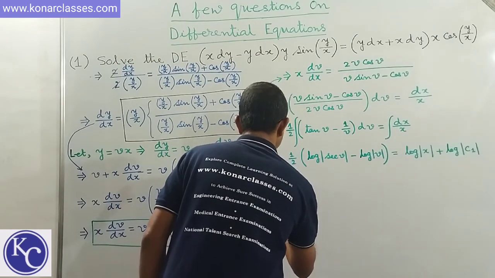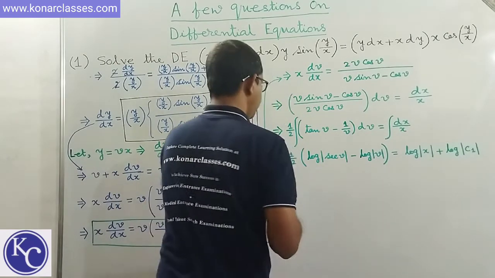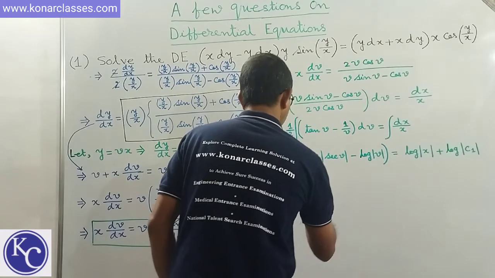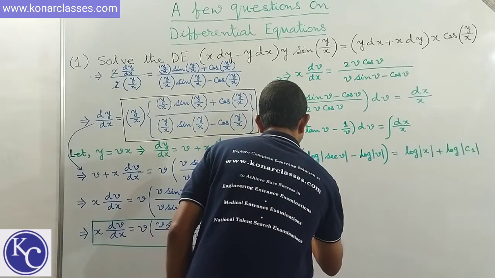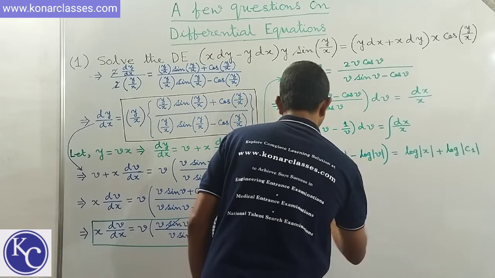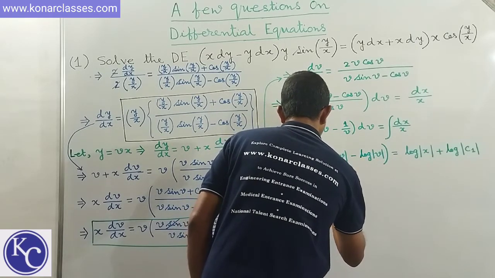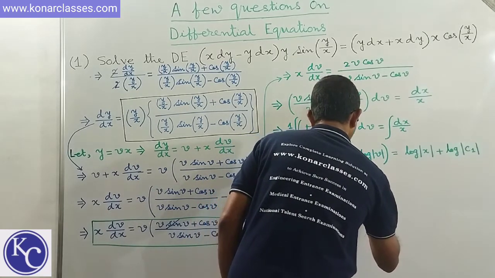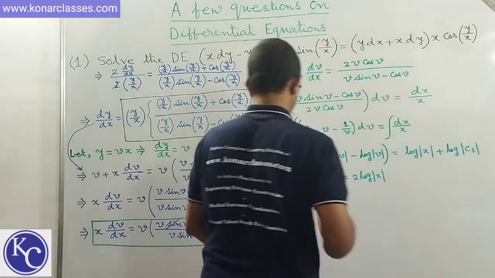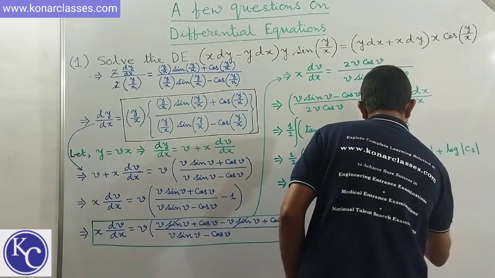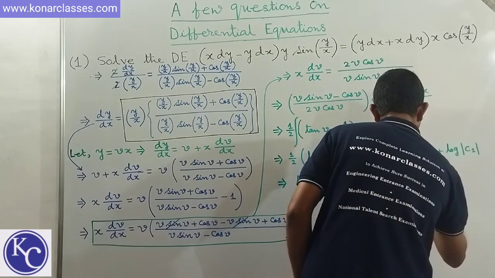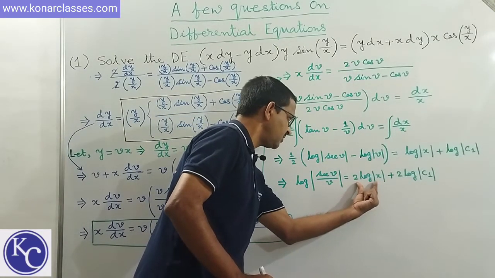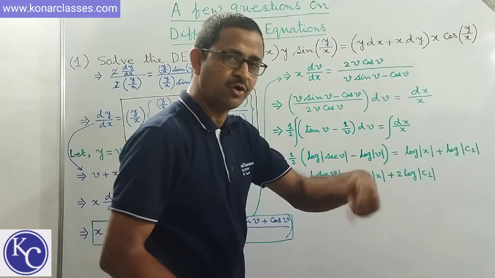So this implies 1 by 2 log of mod sec v by v is equal to log mod x plus log mod c1. Multiplying by 2, log of mod sec v by v is equal to 2 log mod x plus 2 log mod c1, correct? Now 2 log mod x means log of mod x square.